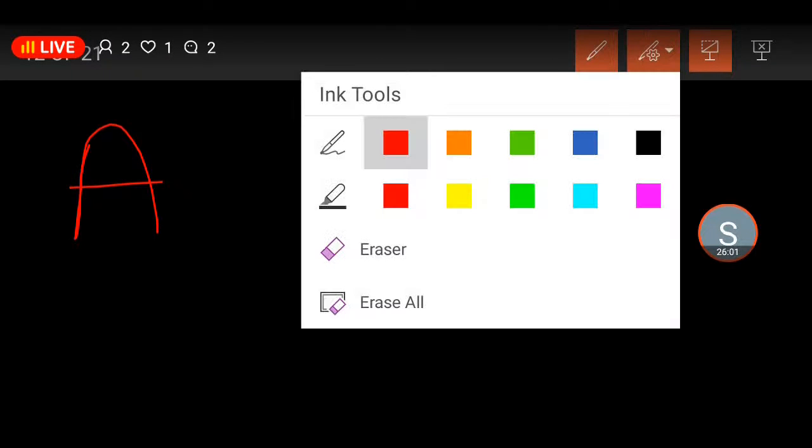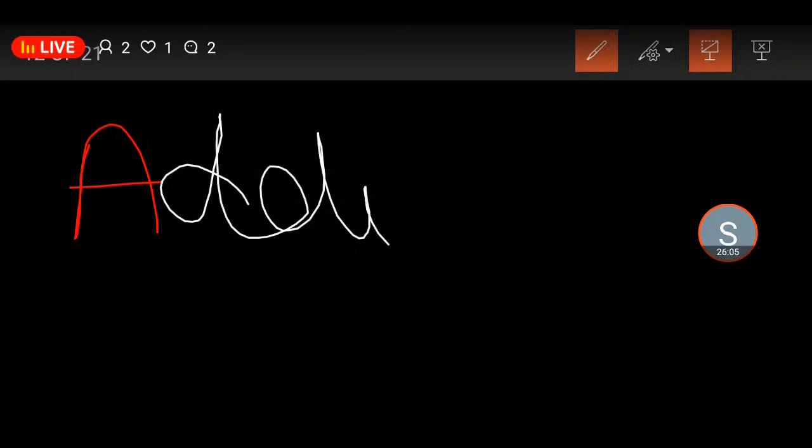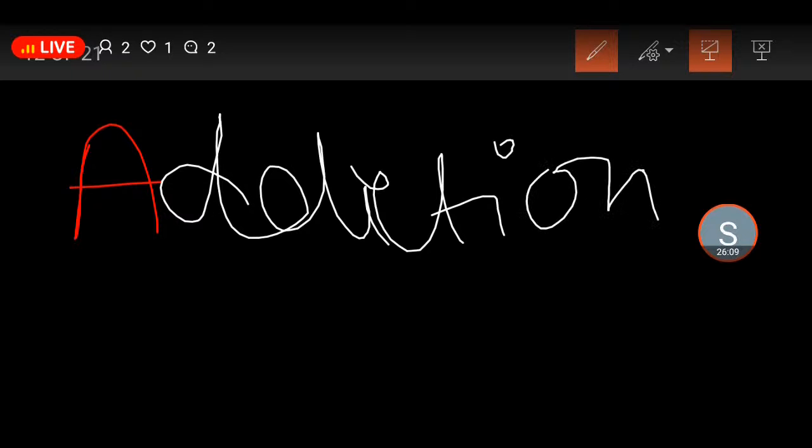First, what is addition? What is addition of vectors? It means if we add a vector and another vector, it gives rise to a resultant vector. If we add two vectors, the resultant is also a vector.